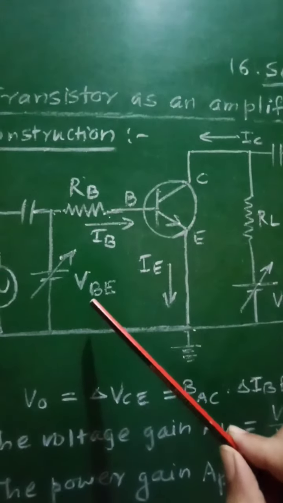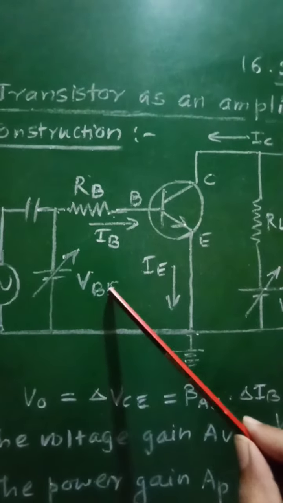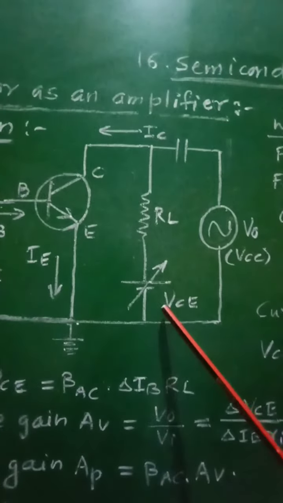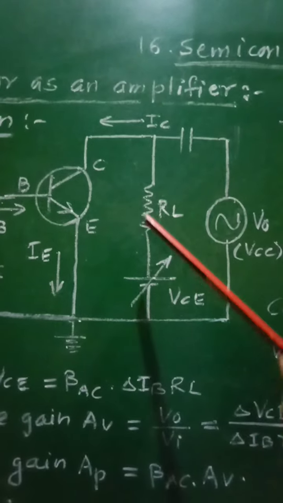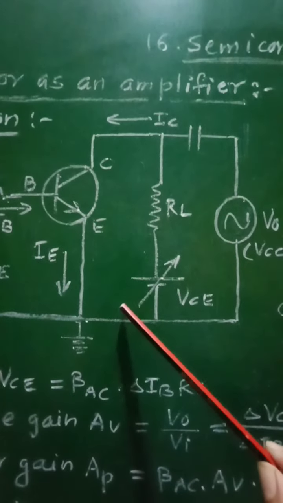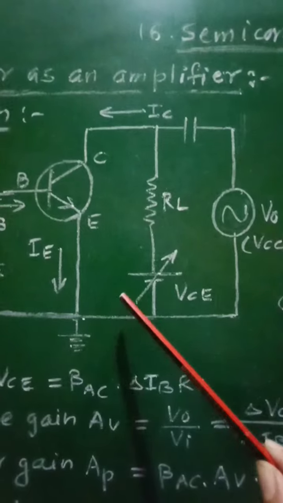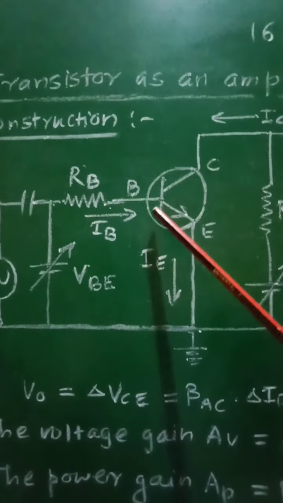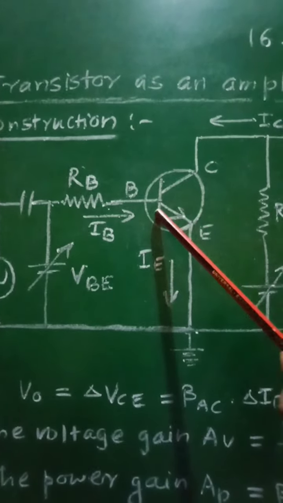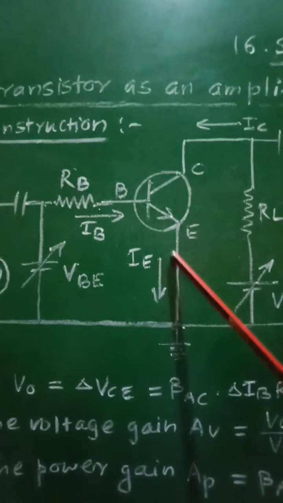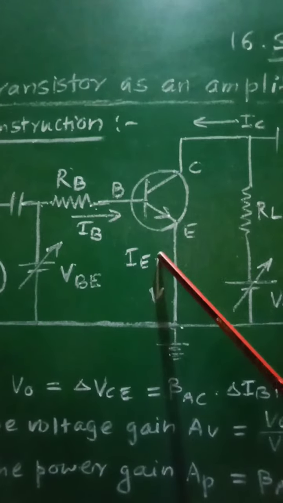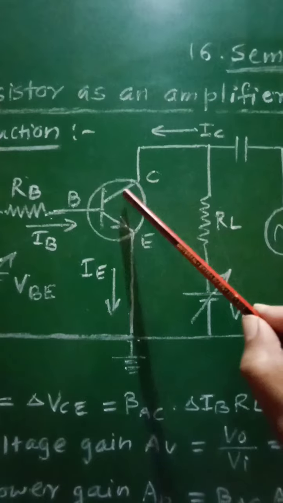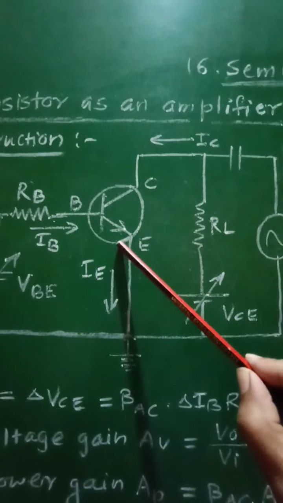Then the proper biasing, VBE, is given between base and emitter, and VCE between collector and emitter of this transistor. IB is the current flowing into the transistor, IE is the current flowing out of the transistor, and IC is the current flowing into the transistor.